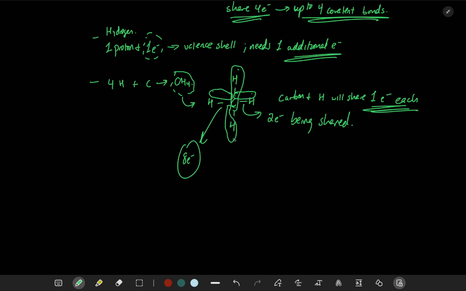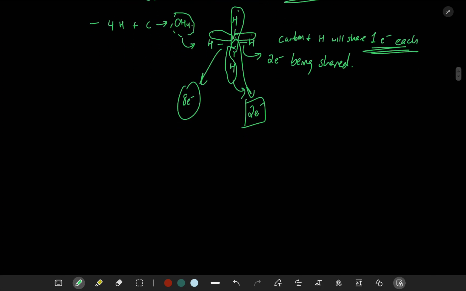Now hydrogen has 1 electron in its valence shell, and it's going to share 1 of carbon's electrons, so you have 2 electrons total. And so now you have both of them satisfying the octet rule and conferring sort of stability. And so because of this, after bonding, they both have attained greater stability, right?